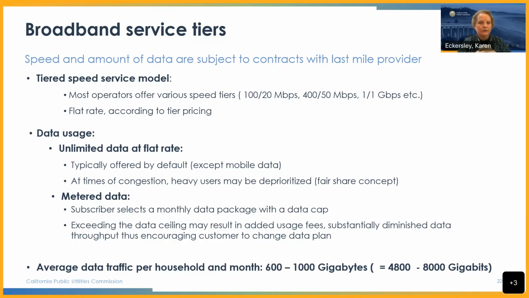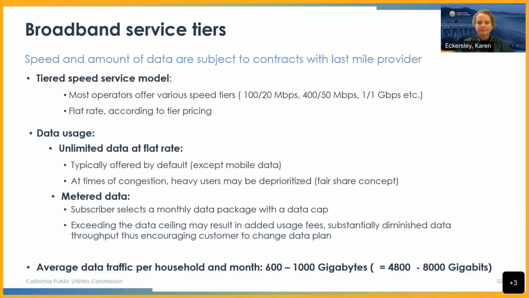Mobile service, meanwhile, more frequently pays for a monthly amount of data or a monthly amount of high-speed data, after which the consumer either has to pay more or get substantially slower speeds. Metered service is still used in some telephony services and for international connections. For reference, the average data traffic per household is roughly 600 to 1,000 gigabytes.